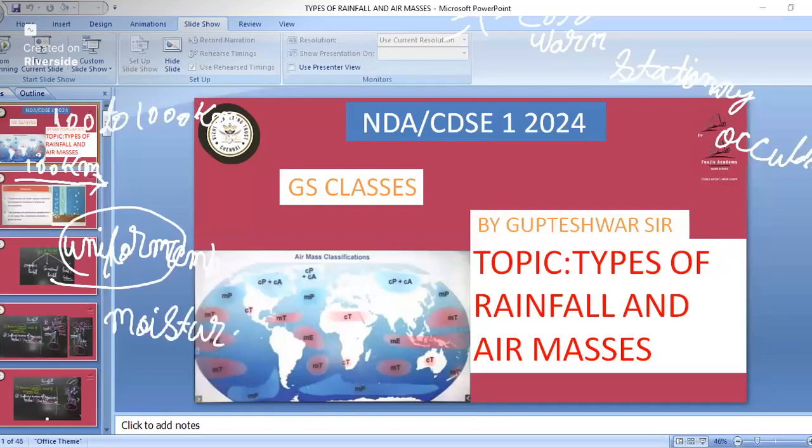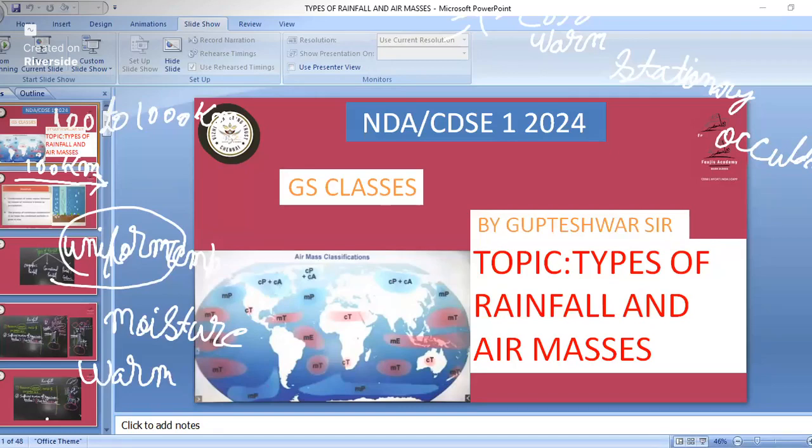So even the warm air, with uniform moisture and uniform temperature, will form the warm air mass. And if it has uniform temperature and uniform moisture, that cool air will form the cold air mass.